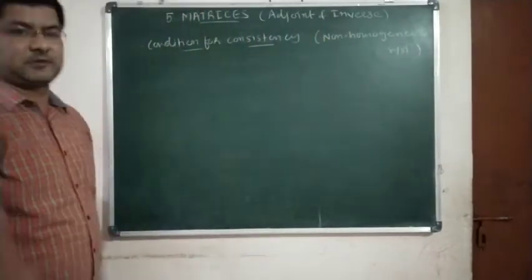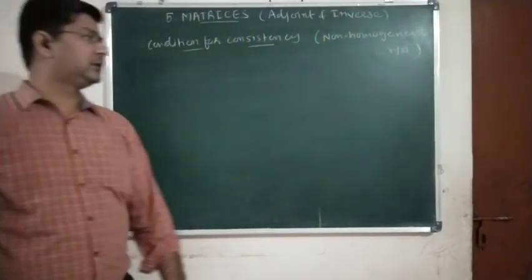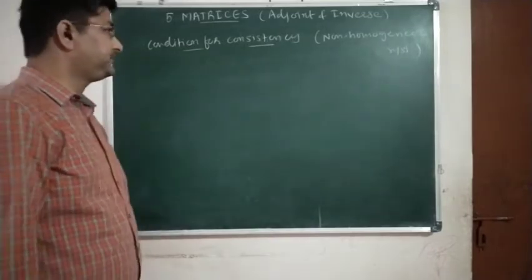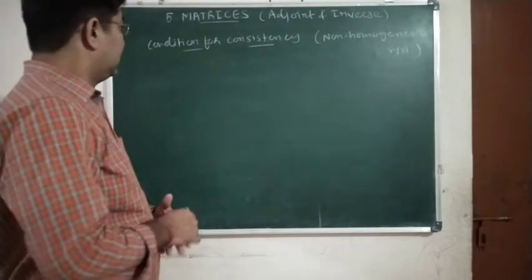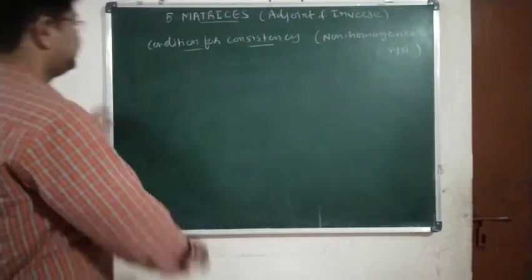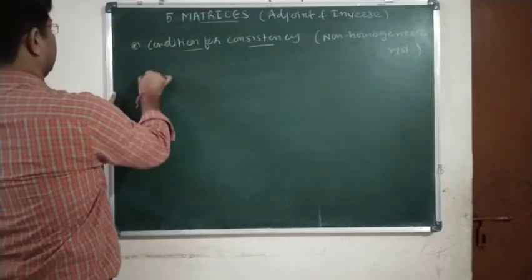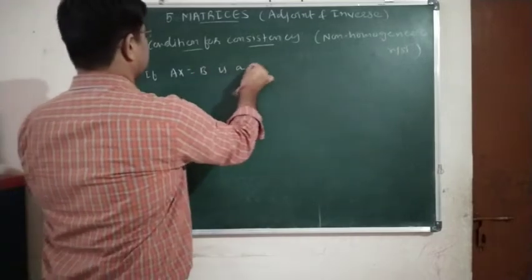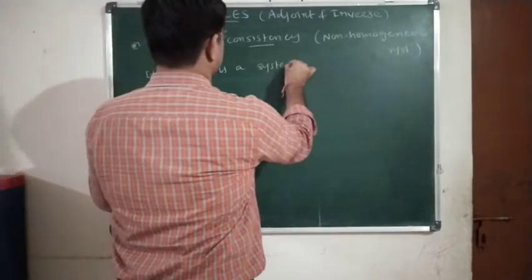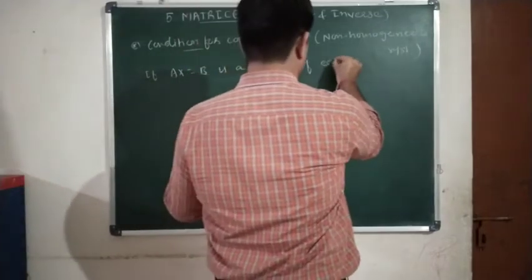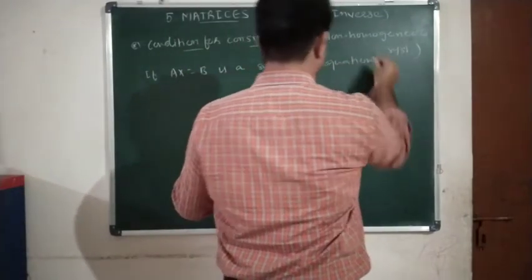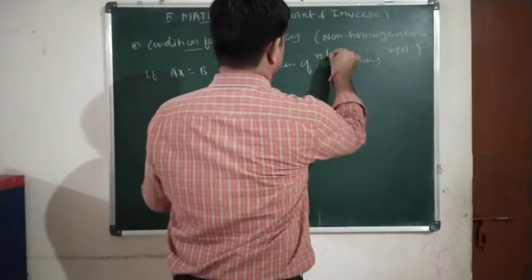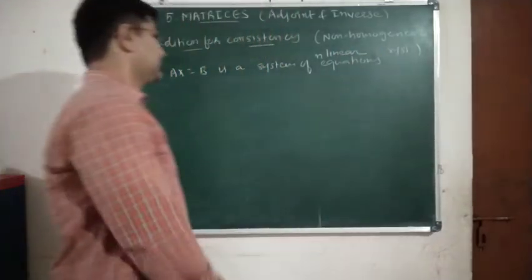Yes or no? The theorem number 1 also is for non-homogeneous system of equations only. Now, condition for consistency. If Ax = B is a system of n linear equations, yes or no?